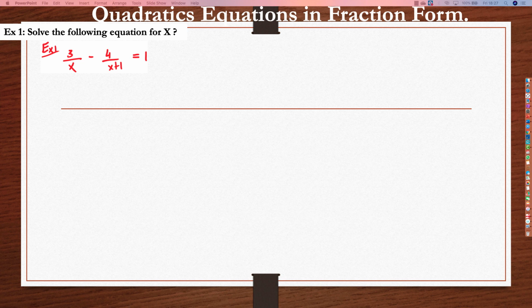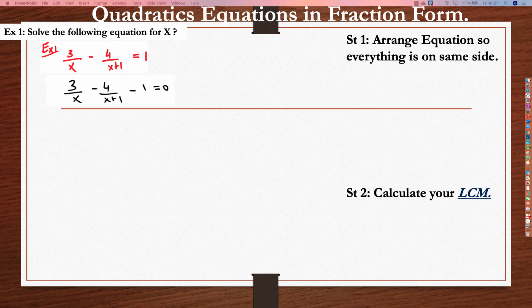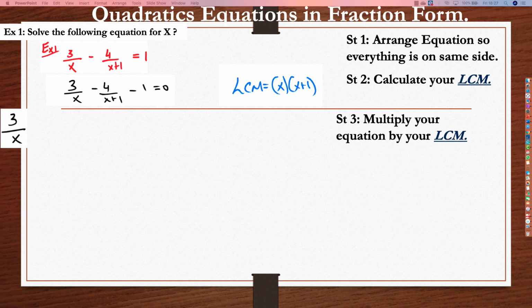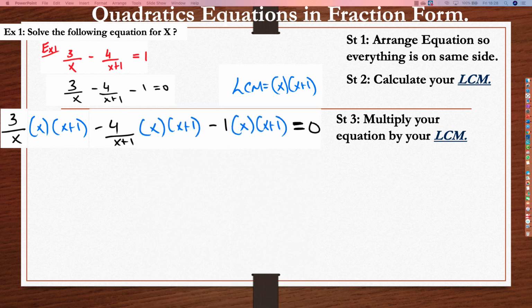So we're going to get rid of our bottom line and multiply across. What's our lowest common multiple of the bottom line here? x and x plus 1. So you're going to say 3 times 3 over x by x and x plus 1, minus 4 over x plus 1 by x and x plus 1, minus 1 by x and x plus 1.